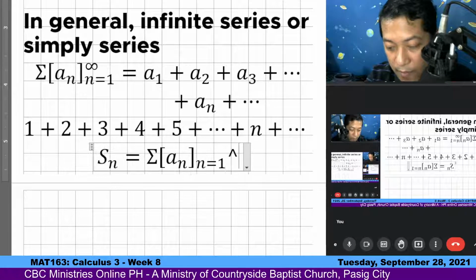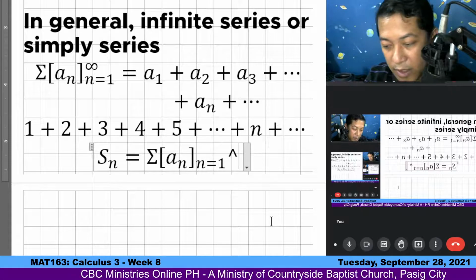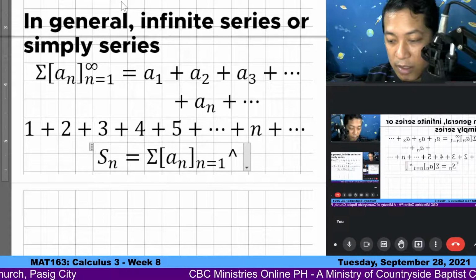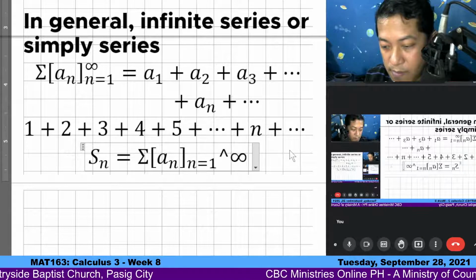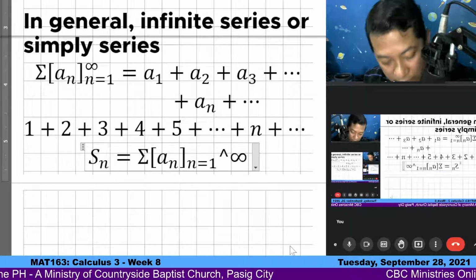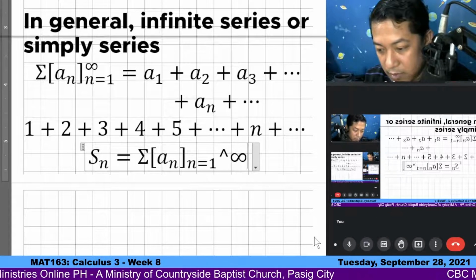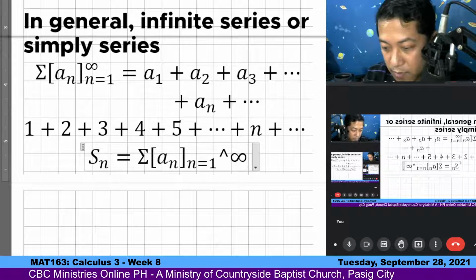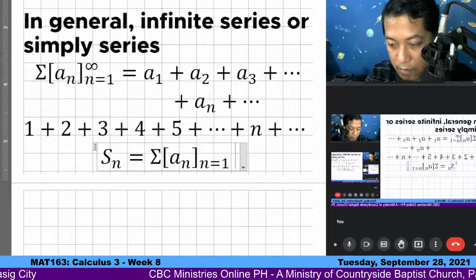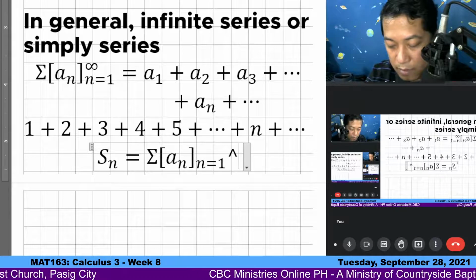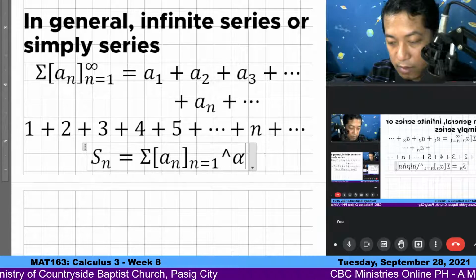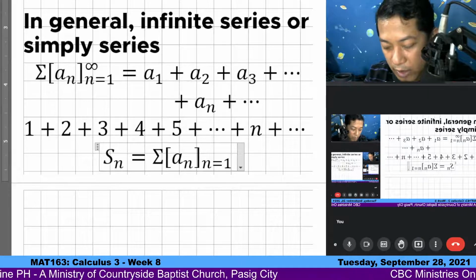Then, ano nga ba yung infinite talaga? Nakalimutan ko talaga yung infinite. Sige, ano na lang natin. Ayaw. Enter pala. Walang nangyari. Ano ba yung ginawa ko dati?